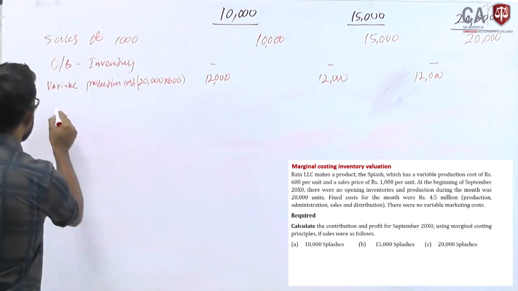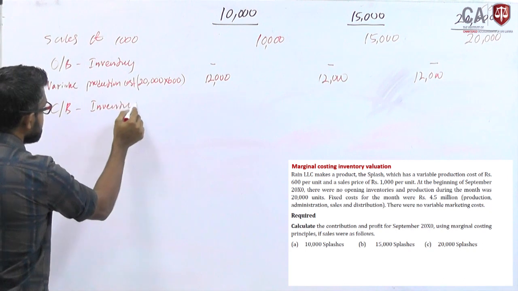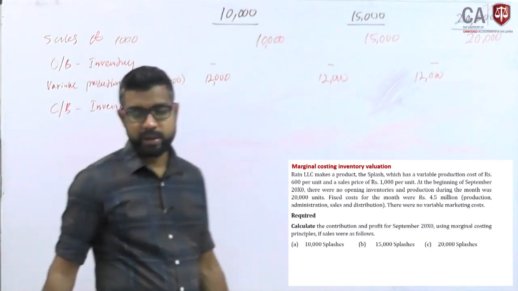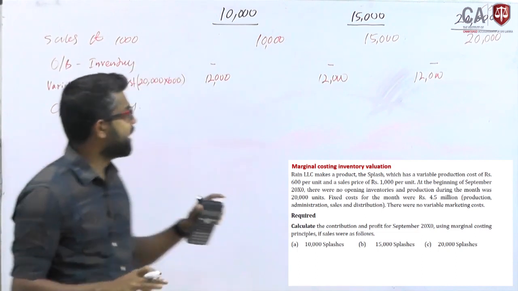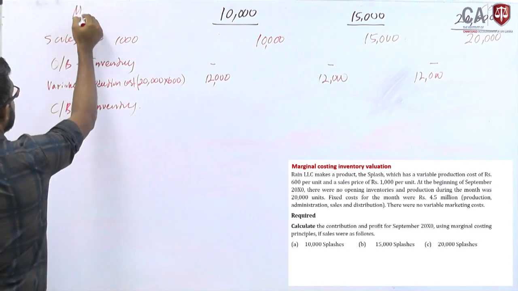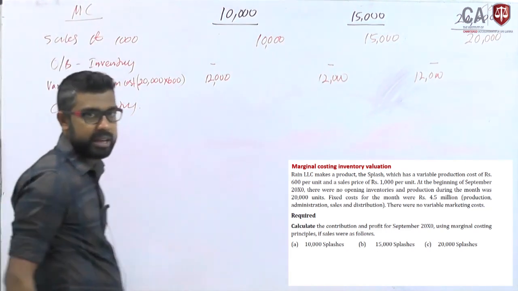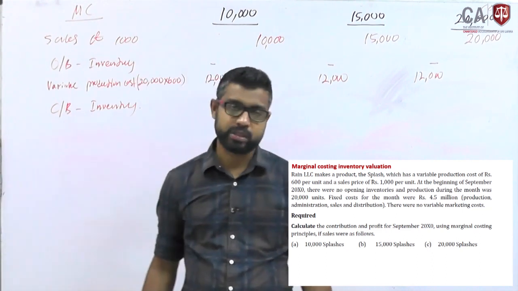Then closing balance inventory. You will not consider fixed production cost in this case under marginal costing. This is marginal costing, no? In marginal costing, we consider fixed production cost as a period cost.